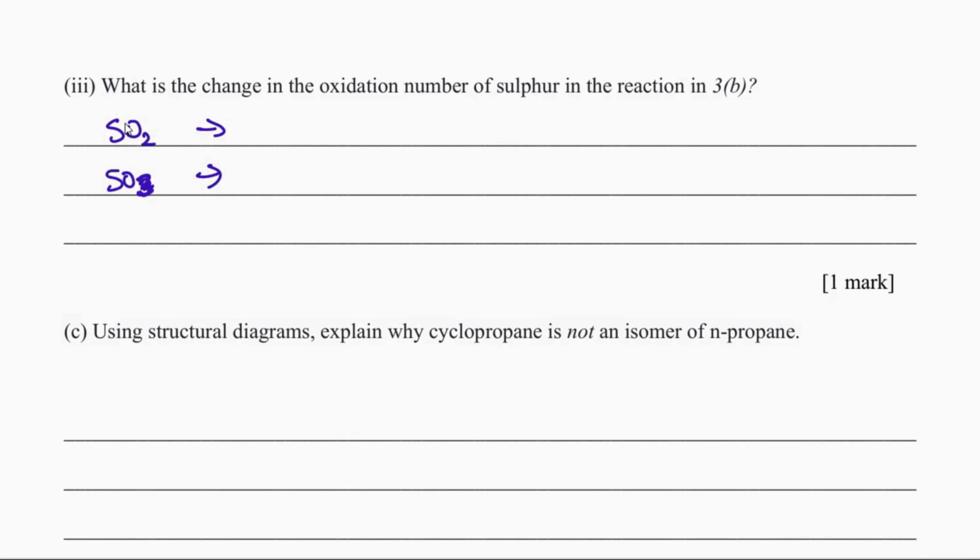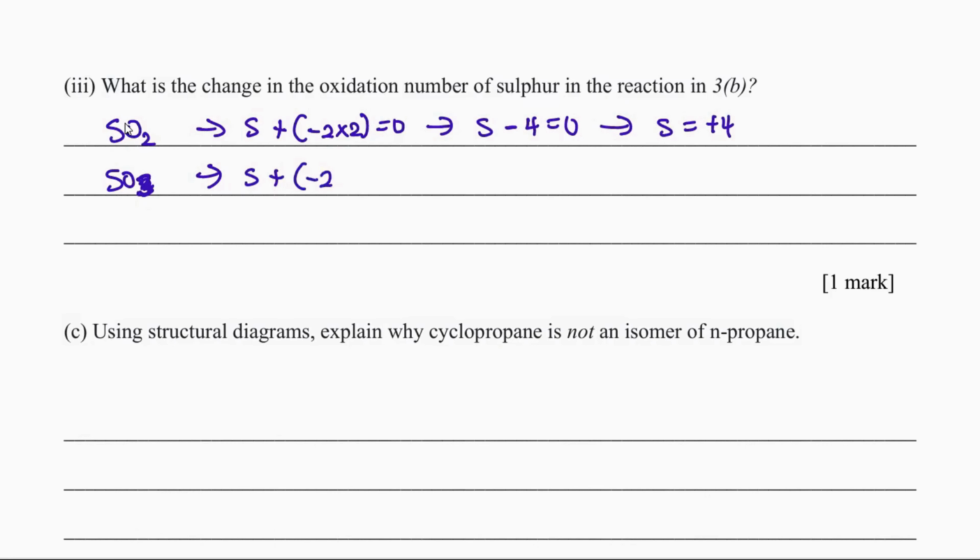In SO2, to find the oxidation state of sulfur, we don't know sulfur, so it is S plus the oxidation state of oxygen, which is -2, and since we have two oxygens, it's -2 times 2, equal to 0. This is now S minus 4 equal to 0, so S is equal to +4. Now for the second one, S plus the oxidation state of oxygen, which is -2 again.